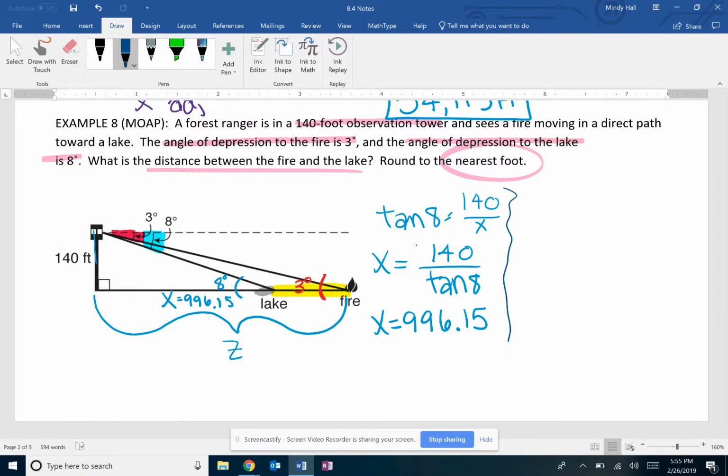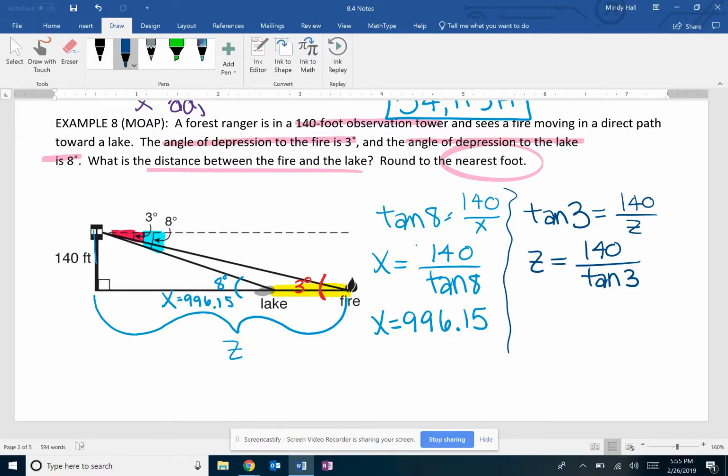So then, to find the distance from the tower to the fire, we're going to do the same thing, except now it's going to be tangent of 3 degrees equals 140 over z. So then, through your algebra magic, you multiply the z to both sides, then you divide by the tangent of 3. You end up with 140 divided by the tangent of 3.